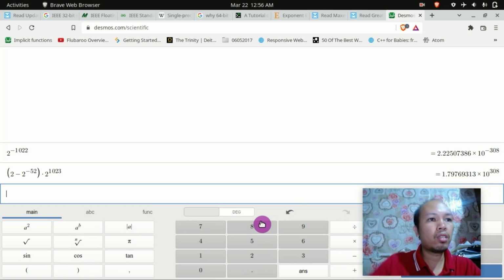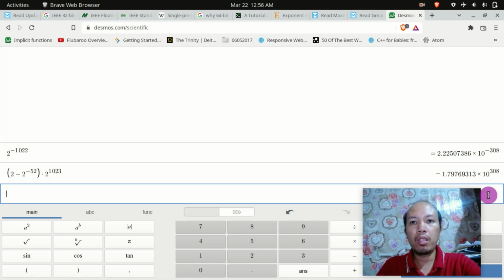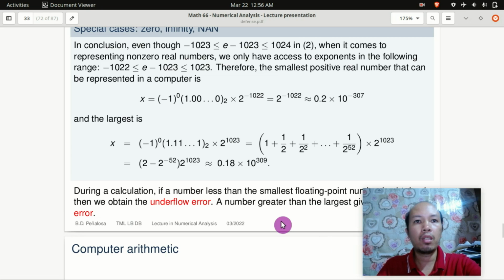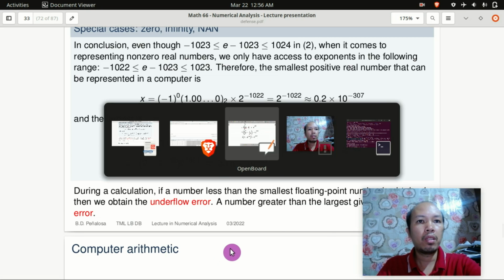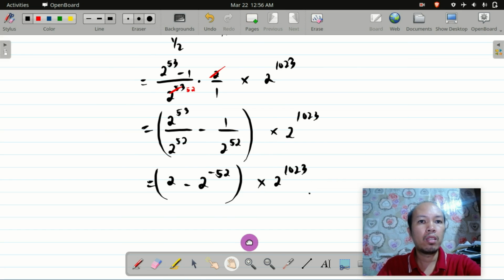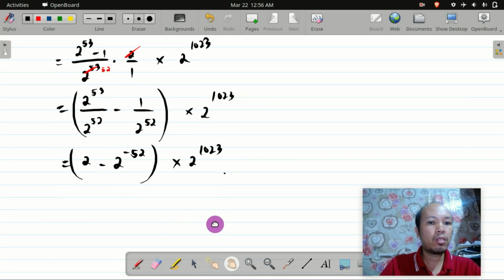So we have 1.797. Let's try it using the double dot.